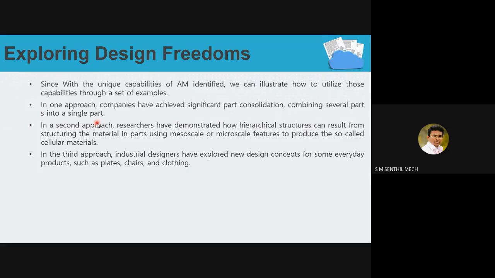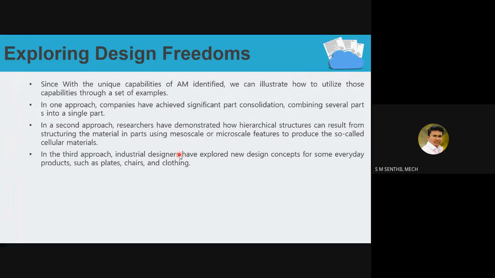In one approach, you can achieve significant part consolidation, which helps you combine several parts into a single part. I already told you we can build an assembly itself; a complete assembly can be built here. That is what part consolidation means. In the second approach, you can have hierarchical structures, where a single component can exhibit different properties at different locations.